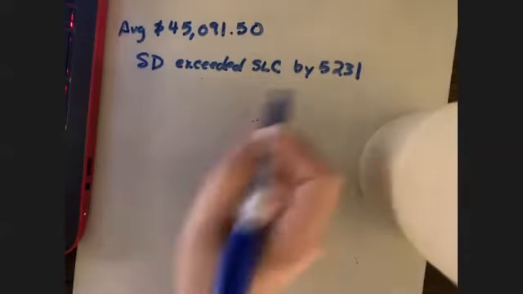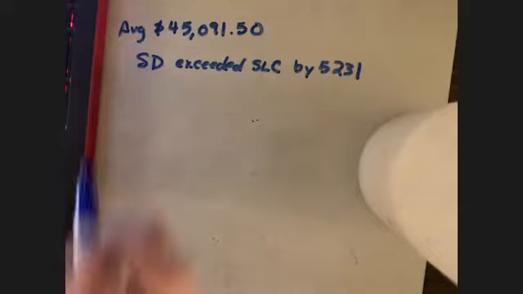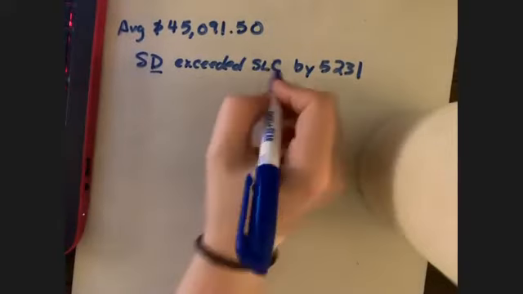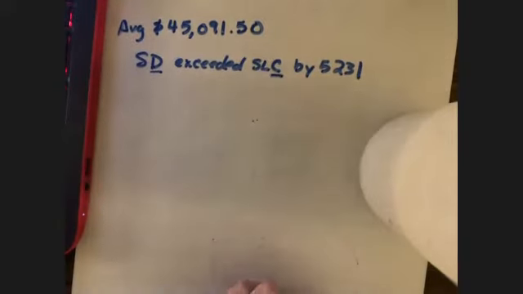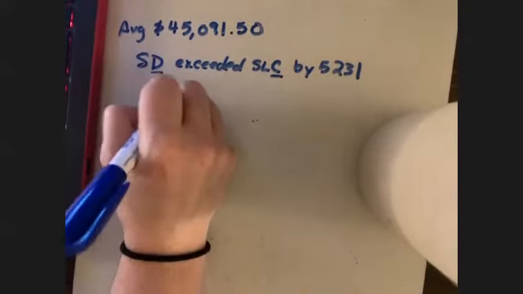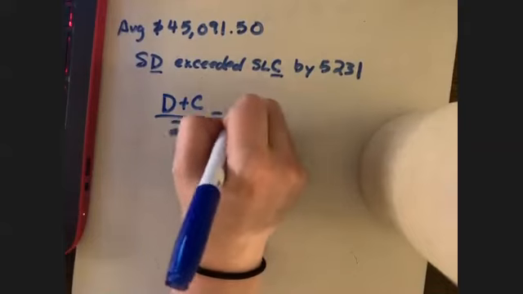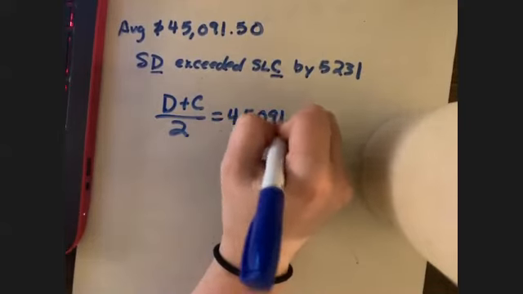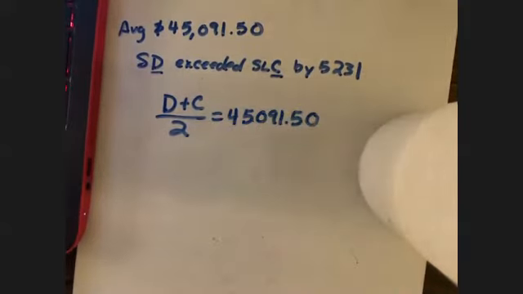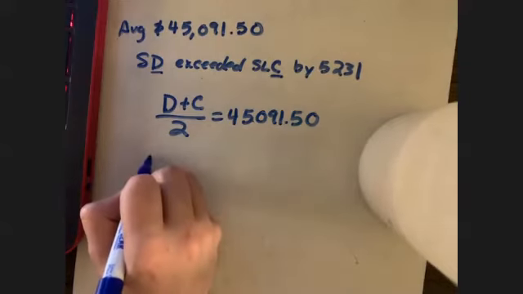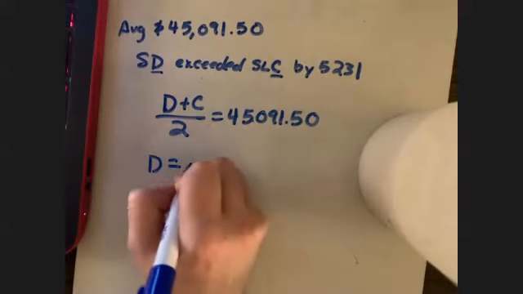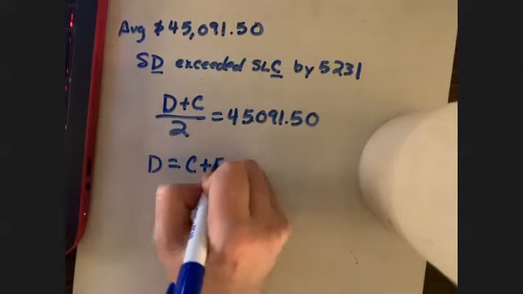And this exceeded. So I'm going to use D for San Diego and C for Salt Lake City for this. So to find average, you add and divide by 2. And then I've got that San Diego exceeded, so that means it is higher.